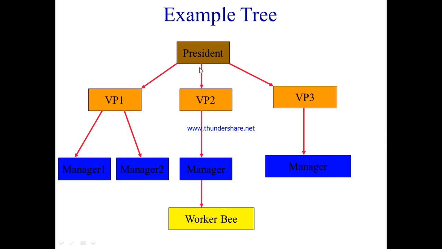So how does the hierarchy start? From the root node, then the next level nodes are said to be children of the root node. The next level nodes are grandchildren of the root node. The next level, great grandchildren, and the node which is not having any children is said to be a leaf.